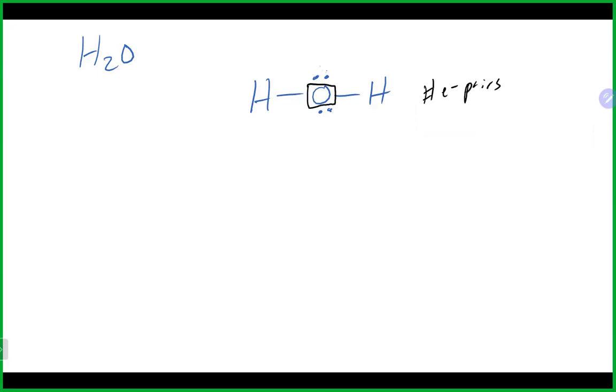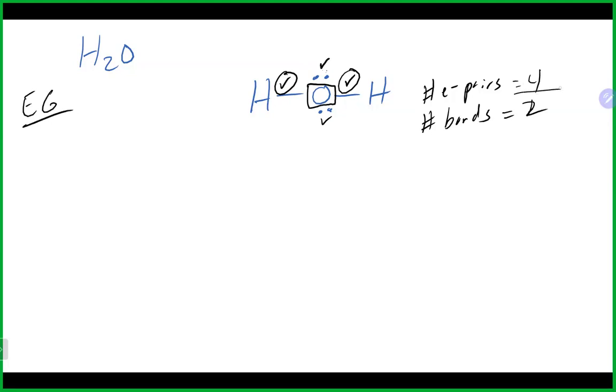And again, we don't care what they are, dots, double bonds, triple bonds, single bonds: 1, 2, 3, and 4. And the number of bonds in this case is 1 and 2 only. So once again, the electron geometry has 4 electron pairs, so this also is going to be tetrahedral.